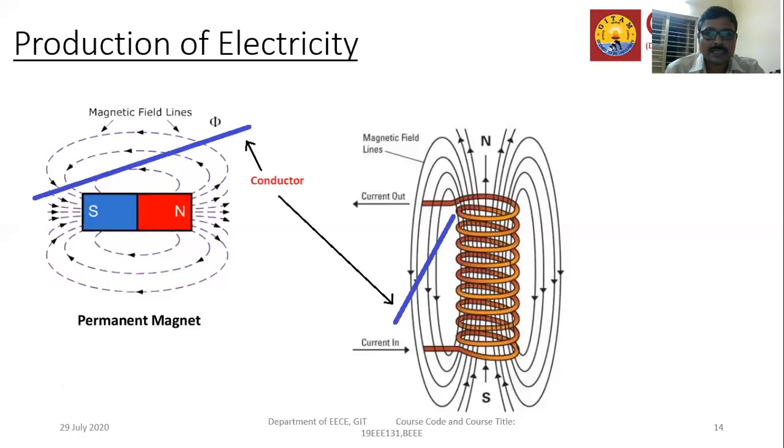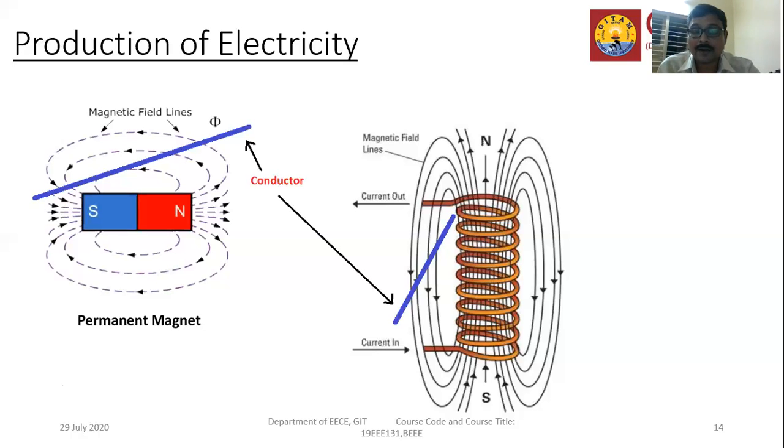Here, coming to the right side picture of the slider, we have an electromagnet in whose field a conductor is placed. Now, if you vary the current passing through the coil, we can create a changing flux. You can keep the conductor stationary and vary the current.